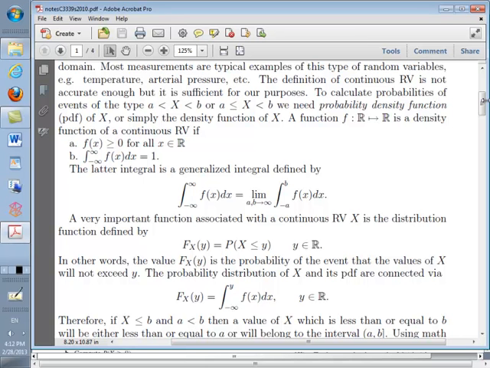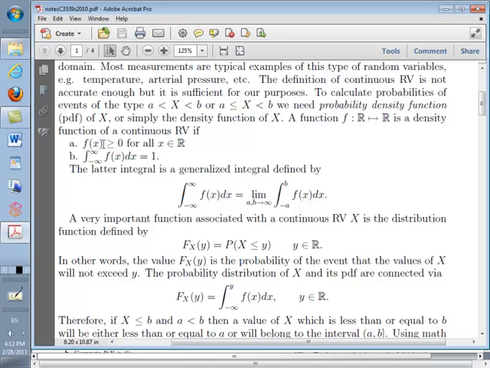To understand which values are likely and which are less likely, we use what we also used for discrete random variables, the density function. But this time the density function is defined on the entire real line. It's not defined at points, and the values of the density function do not represent probability. They just represent a rate at which the probability changes.